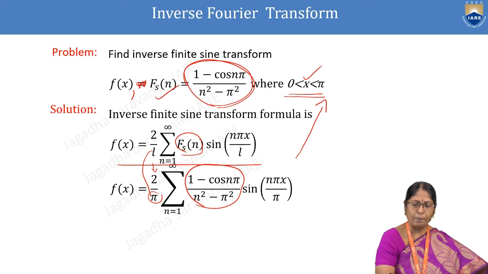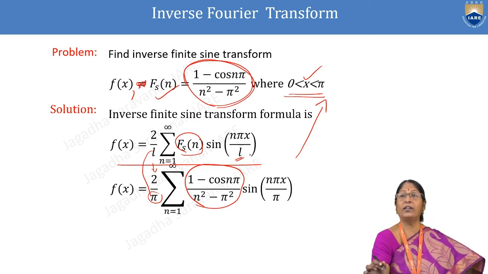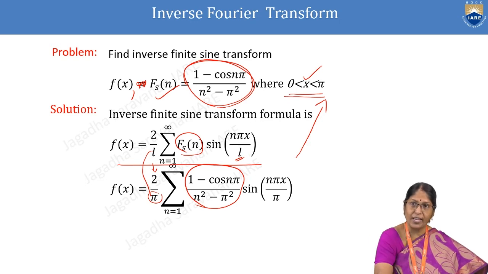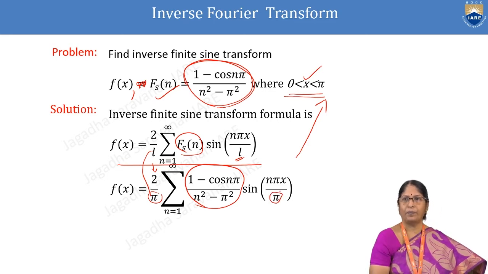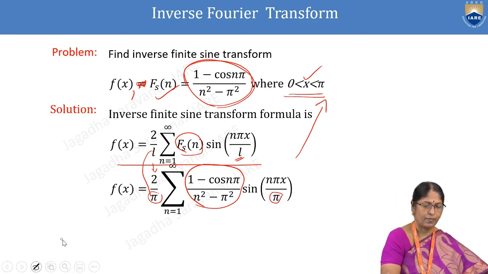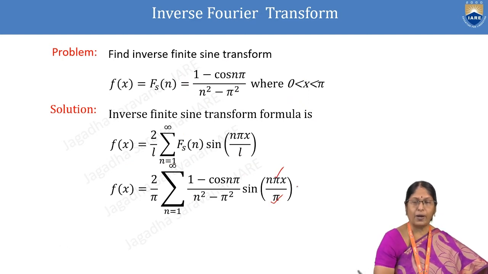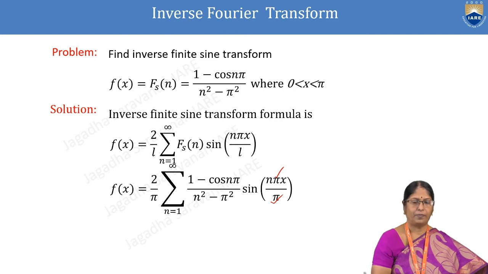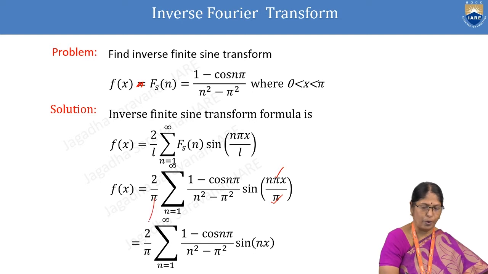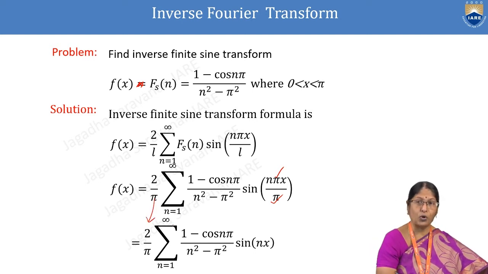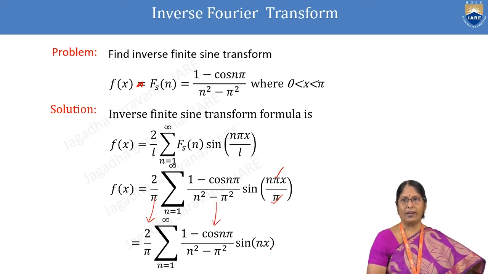Sine of n pi x by L is there in the formula, but in our problem L is replaced by pi. Now this pi gets cancelled. Now 2 by pi, summation n equals 1 to infinity, sine of nx.